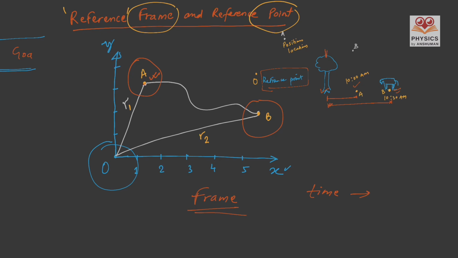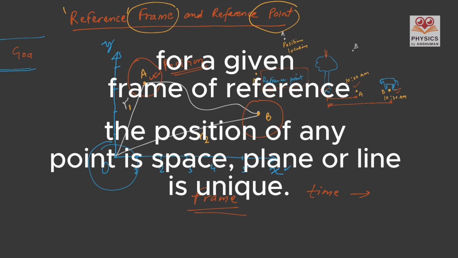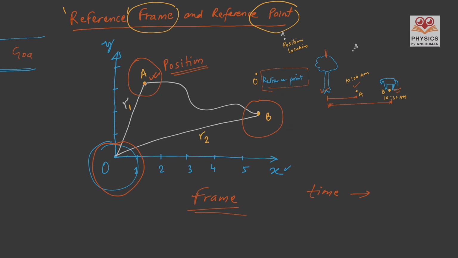That's why we call it position, and position is always fixed. Position is a unique point in the plane or in space with respect to a reference point. It has direction also. So position is not just a point. It has a particular direction in which that point is situated.